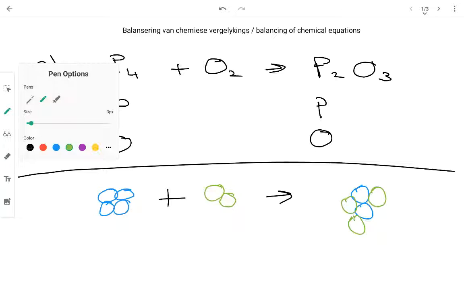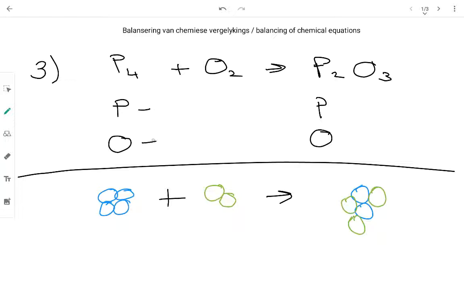Now let's have a look. Counting the amount of atoms, I need to do the following. I need to have a look at the little numbers at the bottom. Remember, if there's no number, it means that there is only one atom of that specific element present in that specific section, compound, or element. So, phosphorus on my left-hand side, I have 4 phosphorus atoms.